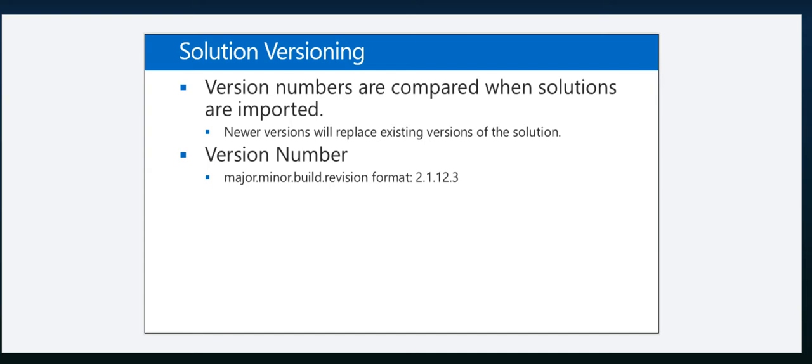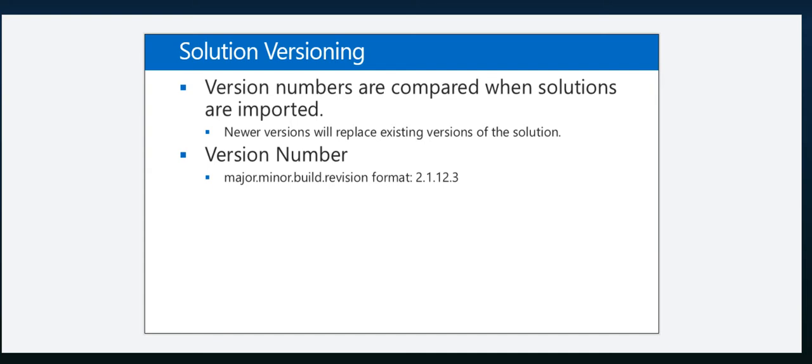All right. So here's this versioning that I was mentioning and why that's important. Those version numbers that you see are being compared when you import solutions. So if you have a newer version and you updated the version number, it'll replace the already existing version of that solution.